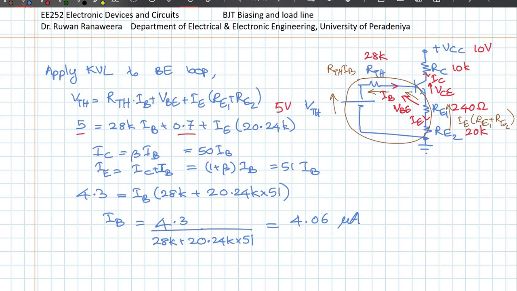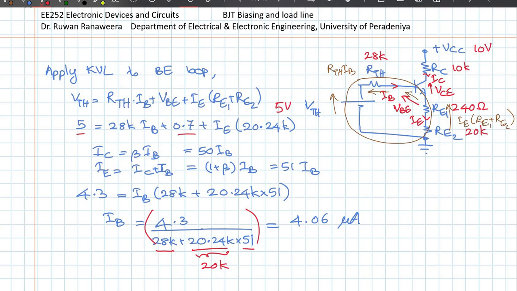But as engineers, sometimes we do not really care about infinite precision. We care more about how easy it is to find, and we sometimes make approximations. Say for example, in this expression, we have 28K plus 20.24K times 51. Now when it comes to 20.24K, this is as good as 20K, because if you look at the resistors, mostly they are 5% resistors.